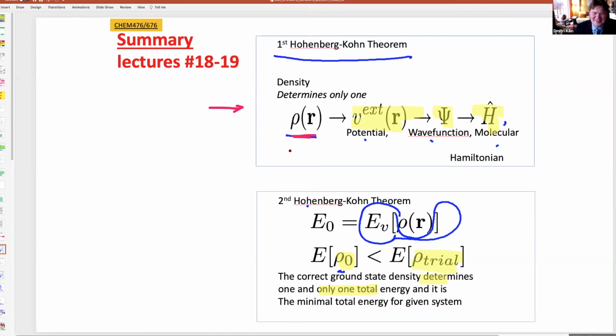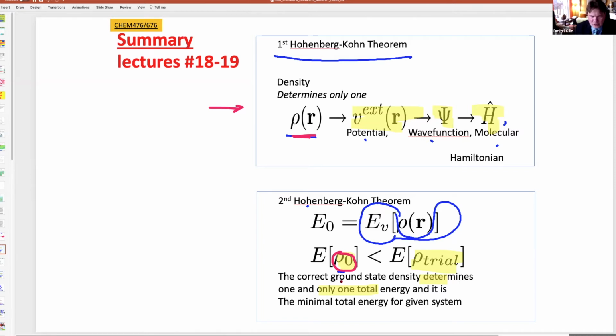Okay. So now we will skim through the second theorem. Suppose we do know the density, the absolutely correct density for the ground state.